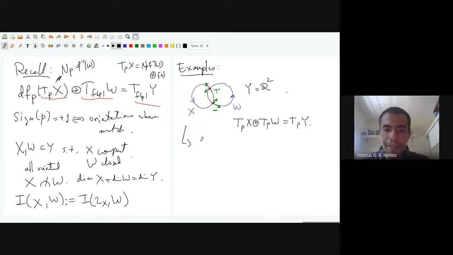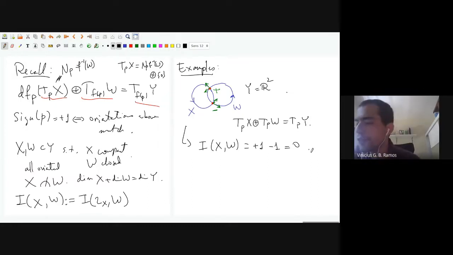So the intersection number of X and W is going to be +1, and then -1. So that's 0. Okay? Any questions about this? Okay, so let me give you another example, which is an example on the torus.